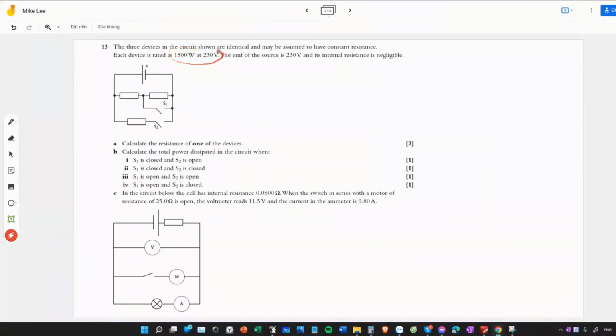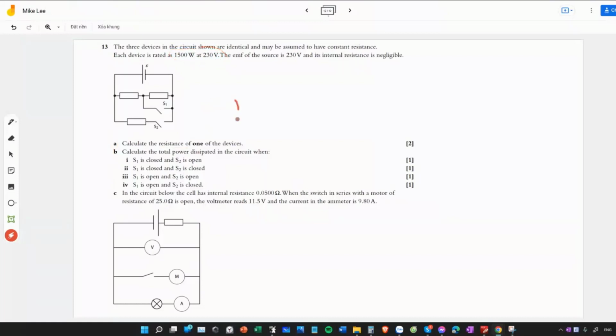Because it is given here, the power 1500 watts, and the voltage. Question A is calculate resistance. So how does resistance relate to these two things?